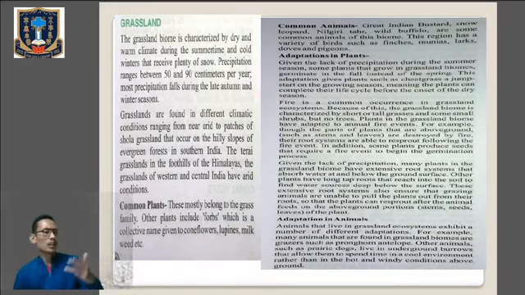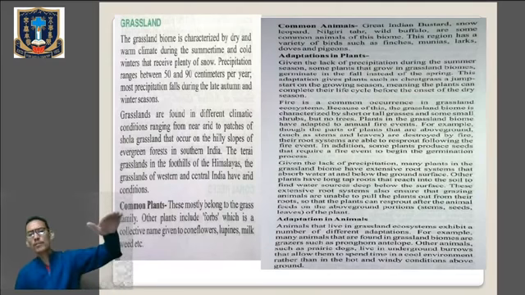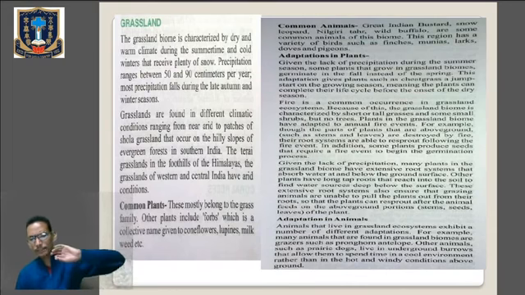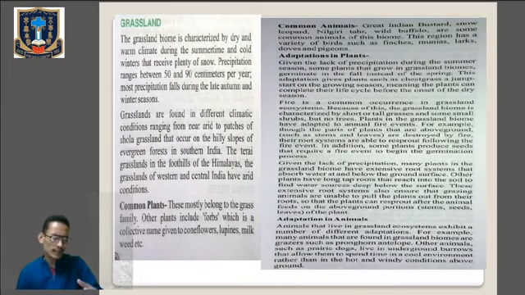Number three, the herbivores that graze on these grasses eat the upper part of the plant, the leaves and the stems, but they are not able to pull the plant. Why? Because the root system of this plant is so well developed that the animal cannot easily pull it up.